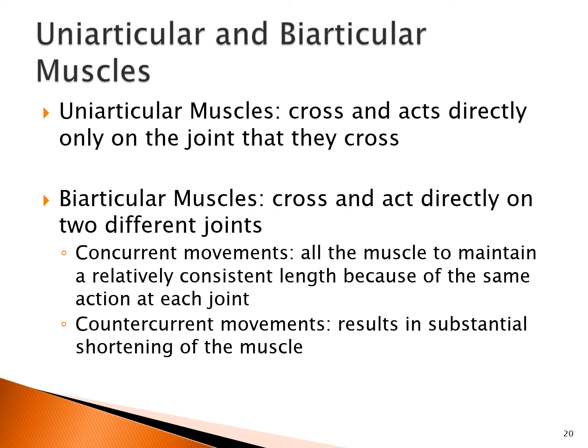We can have concurrent movements, where the muscle maintains a relatively consistent length because the same action occurs at each joint. And we also have countercurrent movements, and this results in substantial shortening of the muscle.